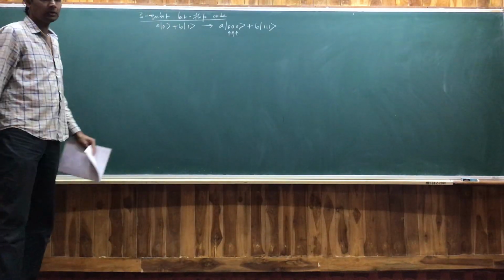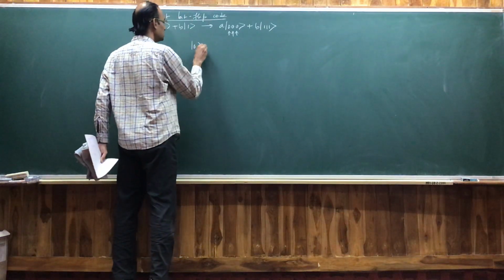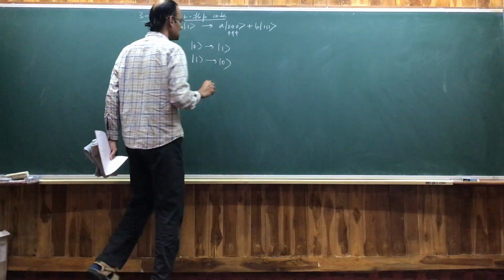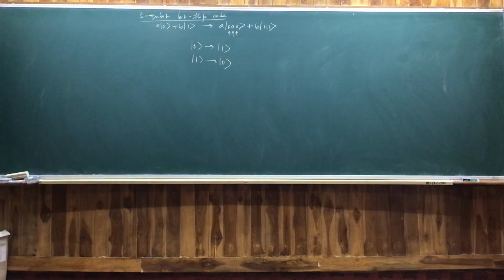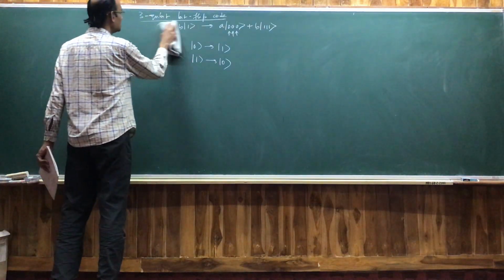Of course, the error is that 0 becomes 1 and 1 becomes 0. This is the only thing that can happen in a classical storage device, but in a quantum storage device, there are other errors that can happen. So this is of course not the end of the story, this is sort of the beginning.